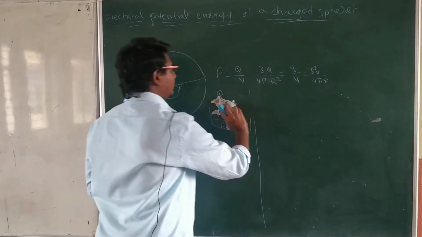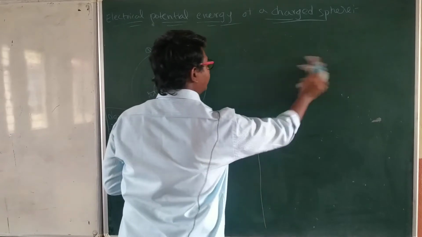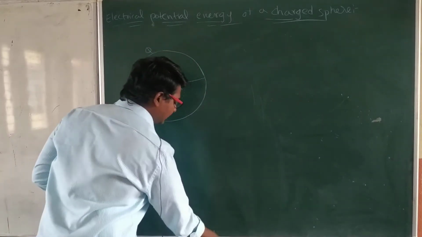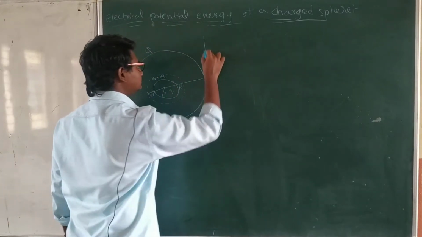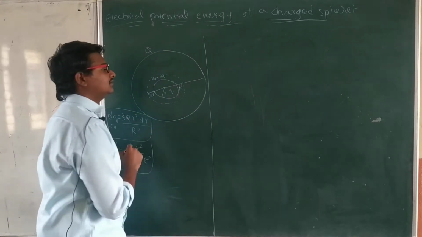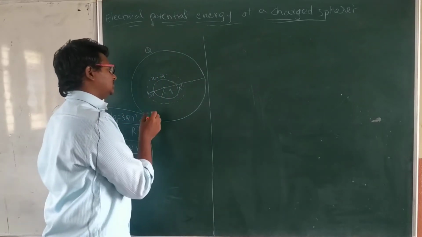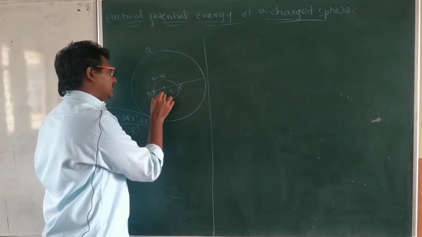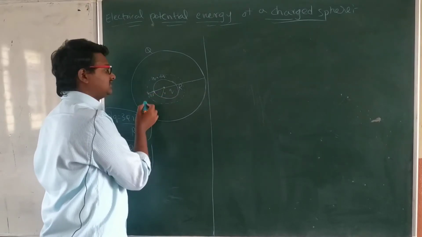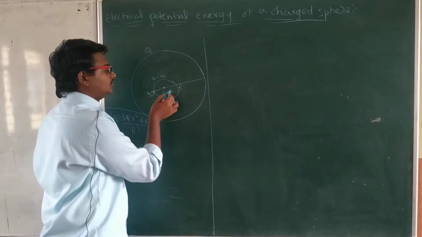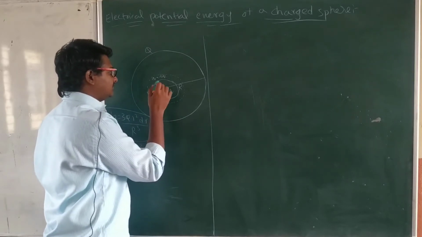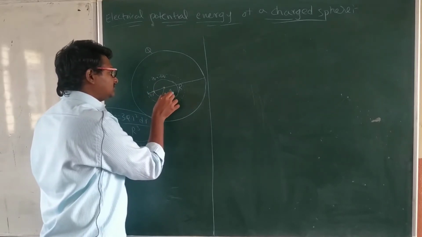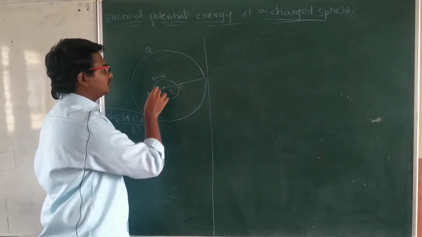Now let's consider the work done in increasing the radius from r to r plus dr, that is, the work done to increase the charge from q to q plus dq.